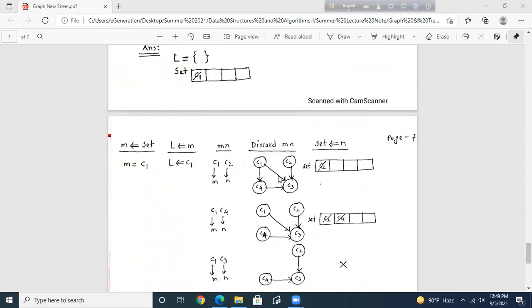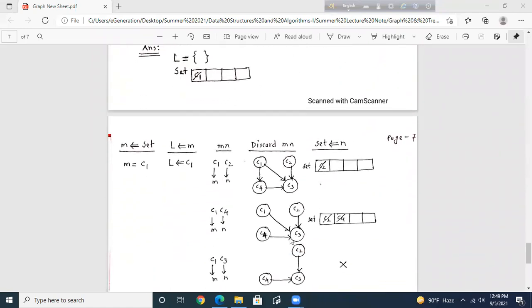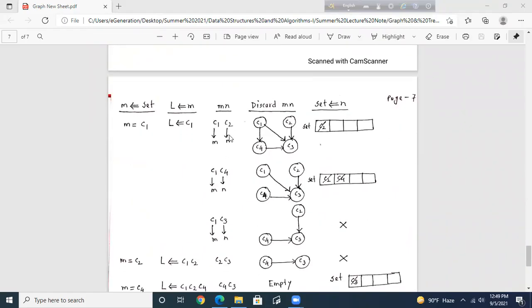Now, dear student, here, if n has no other incoming edge, then insert n into the set. Now you have to check whether n contains an incoming edge or not. Our n is C2.